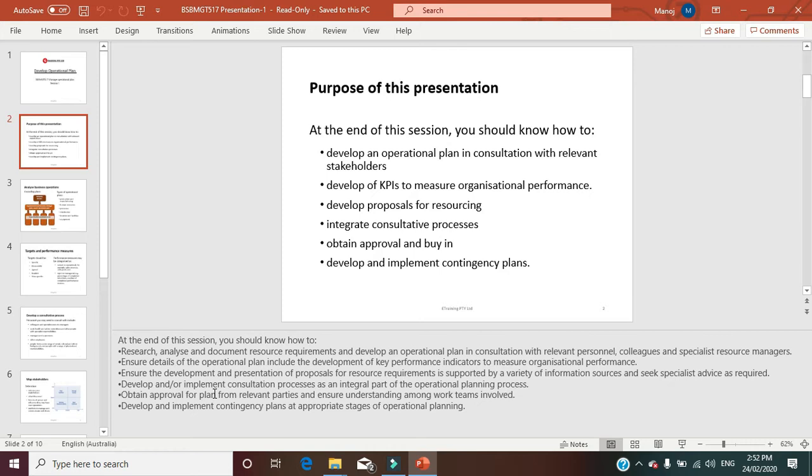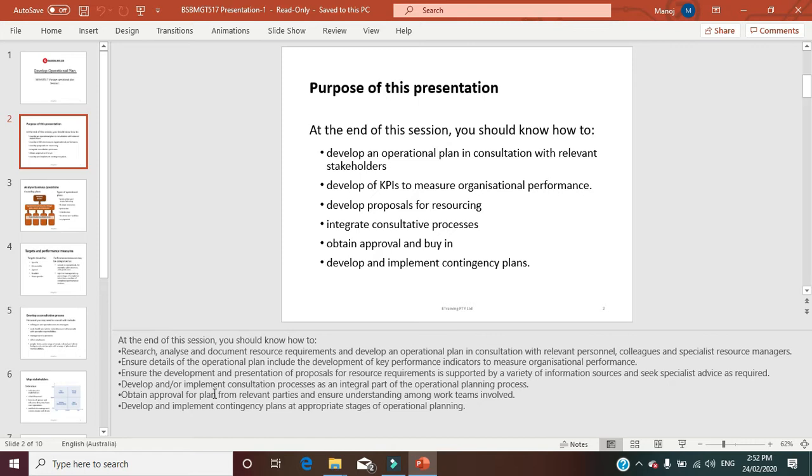Ensure details of the operational plan include the development of key performance indicators to measure the organization's performance, and ensure the development and presentation of proposals for resource requirements is supported by a variety of information sources, and seek specialist advice as required.